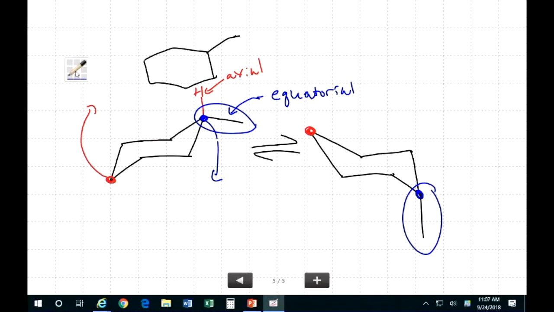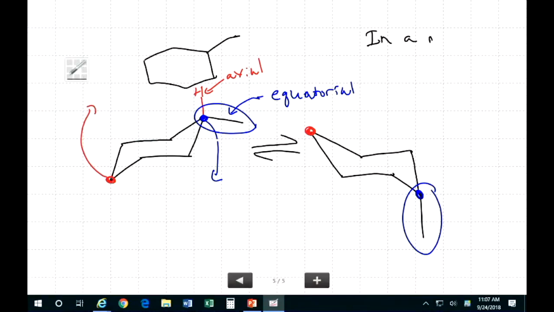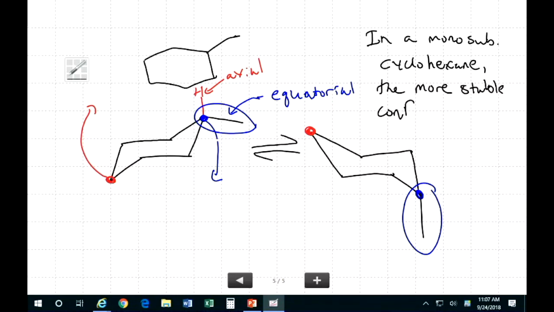And there's a preference that in a monosubstituted cyclohexane, the more stable conformation has the substituent equatorial.